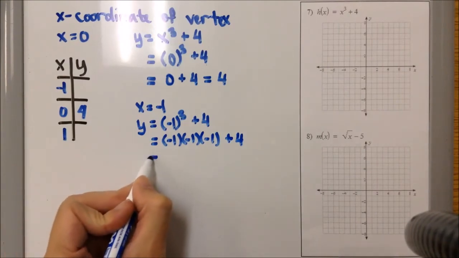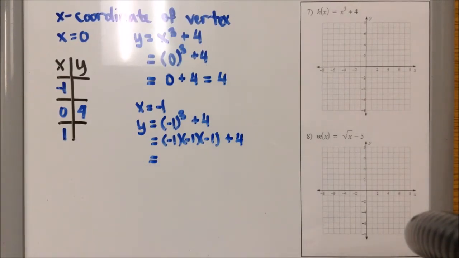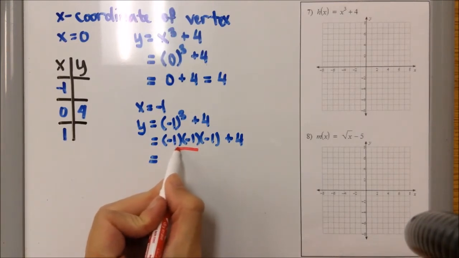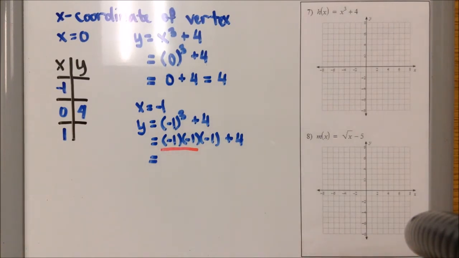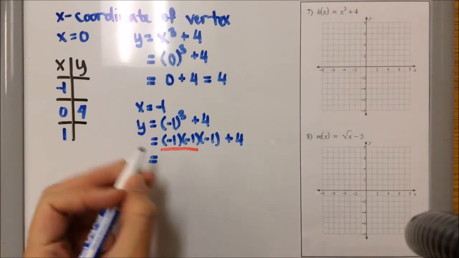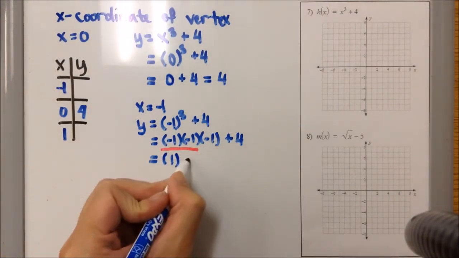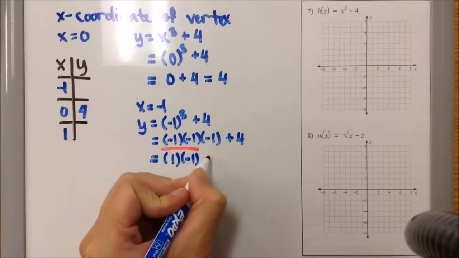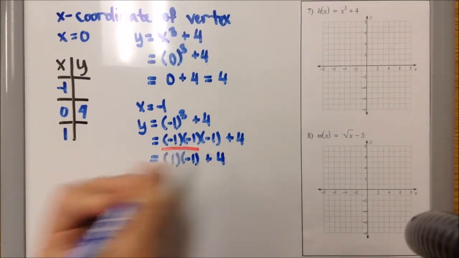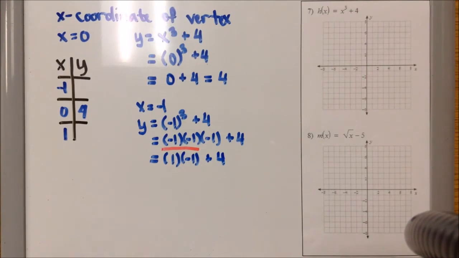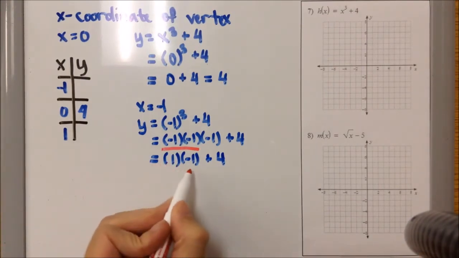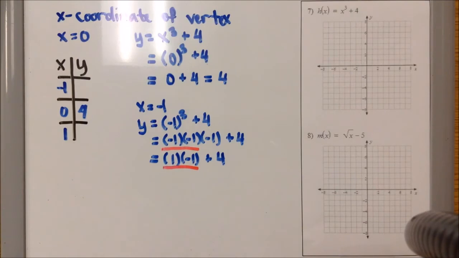So we're going to take it step by step. What I'm going to do is multiply the first two -1s. So -1 times -1 is a positive 1. And I bring down that -1 and that plus 4. Now we're going to work with 1 times -1.